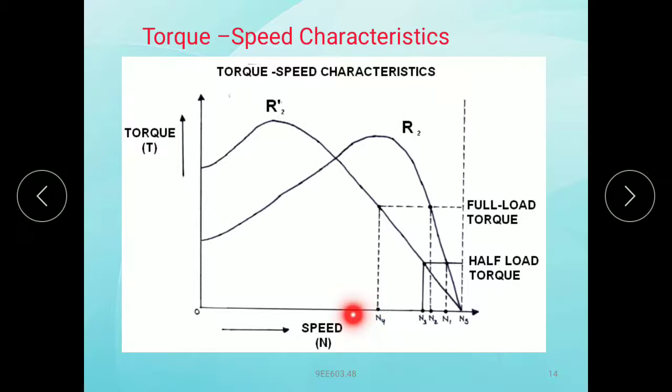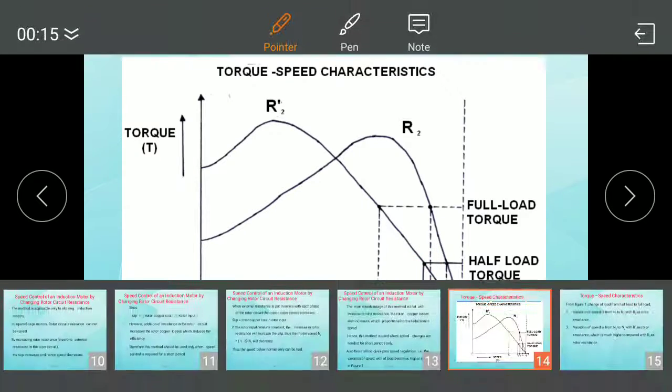This is the low value of speed. And here is half of the load torque. The speed is n1, and by inserting rotor resistance, the speed on the torque characteristics is n3.